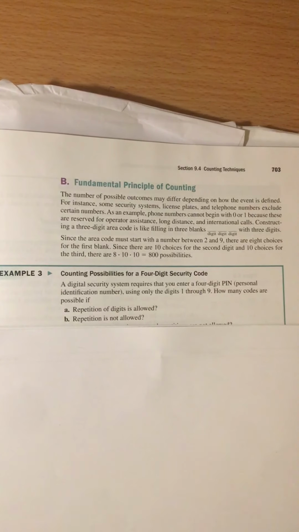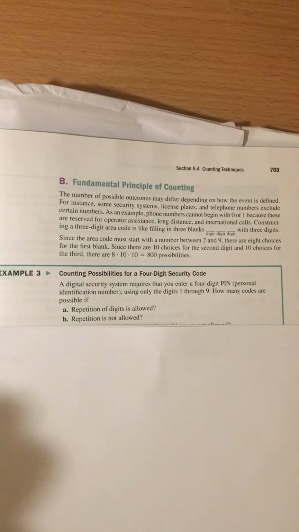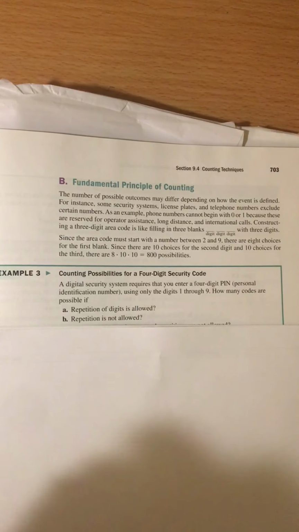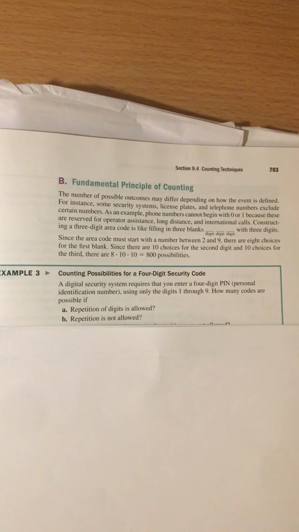Now, I'm sure everybody knows that when we talk about digits, we are talking about numbers from 0 to 9. Those are 10 digits. Number 10 is not a digit because it's made up of 1 and 0. Or 11 is not considered a digit because it's made up of 1 and 1.